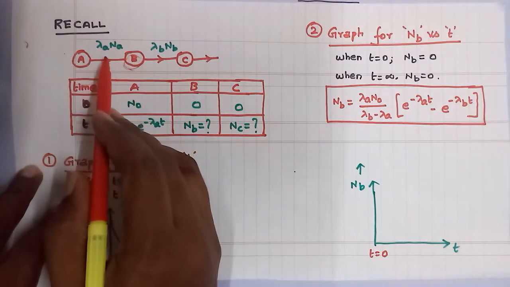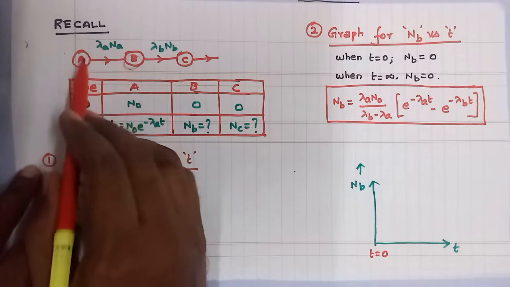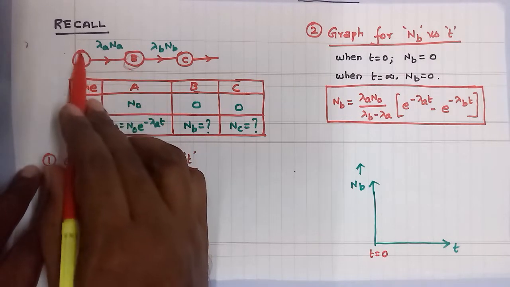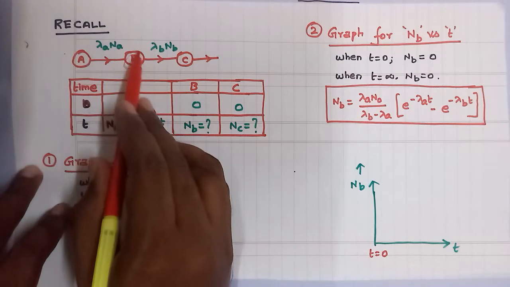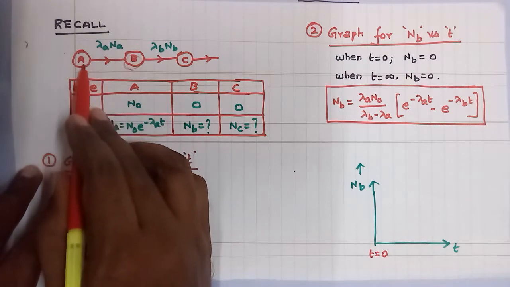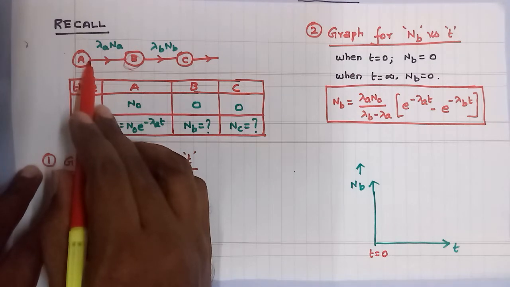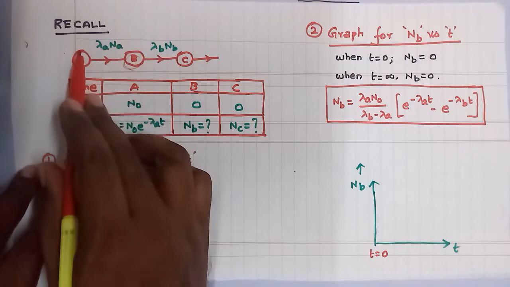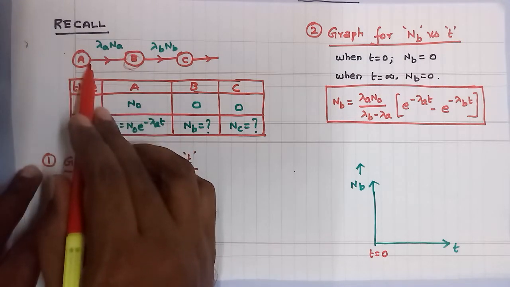If we compare the rate of disintegration of A and B, B will be very small initially, because the total number of nuclei present in element A will be greater, and we already know the rate of disintegration depends on how many nuclei are present at a given instant of time.